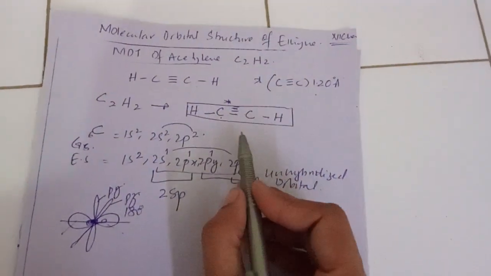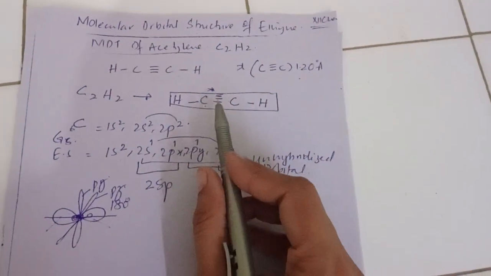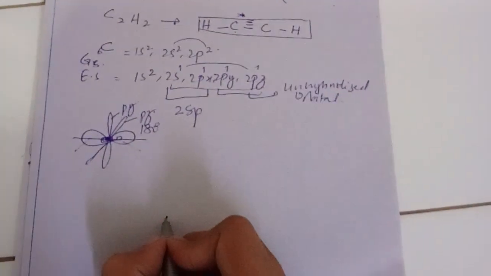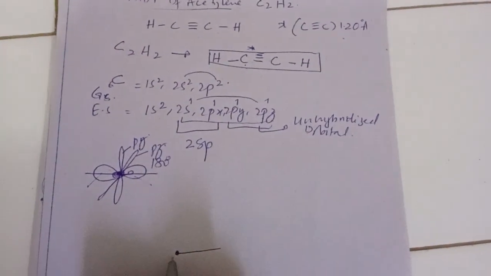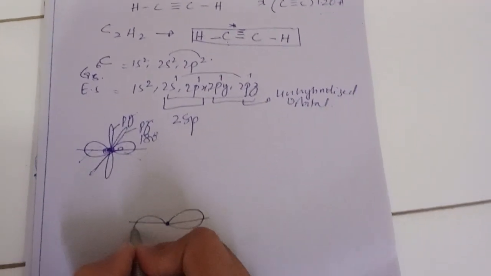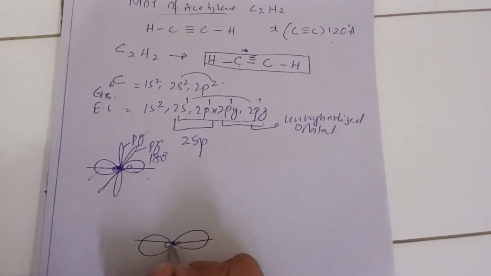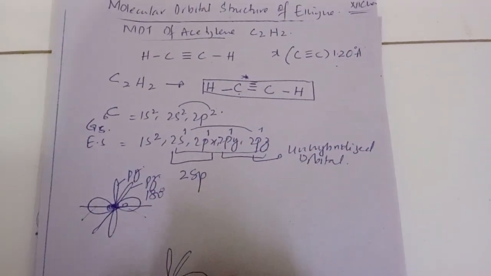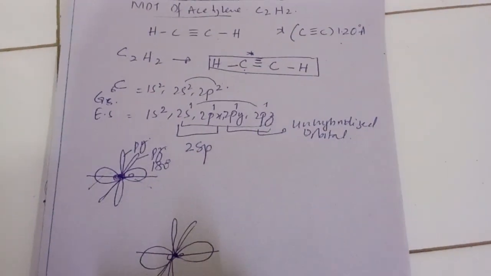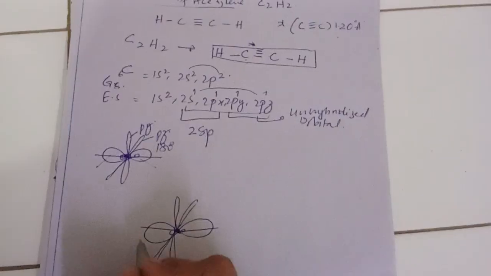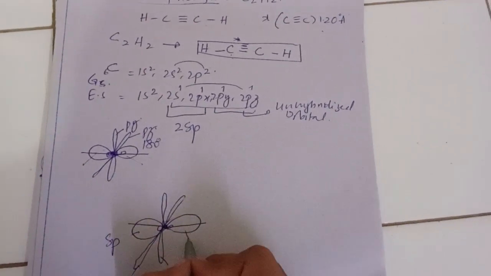As far as the structure of acetylene is concerned, each carbon will undergo sp hybridization. So here we can identify one carbon with 2py, 2pz, and sp hybridization.